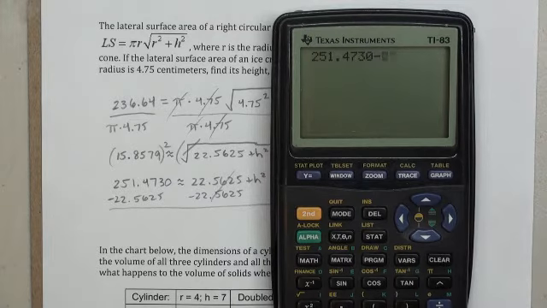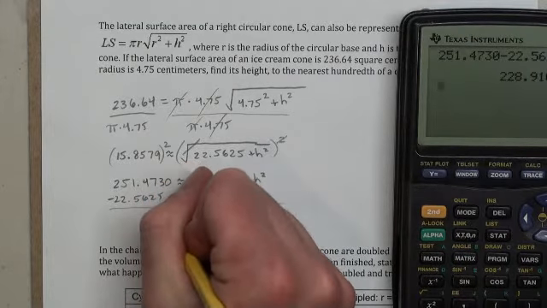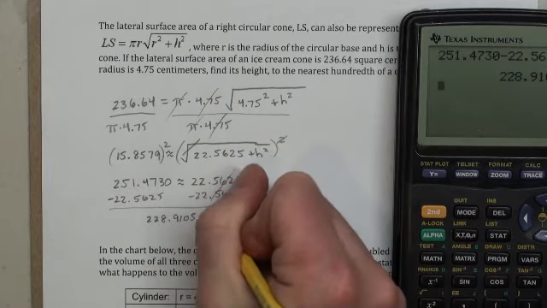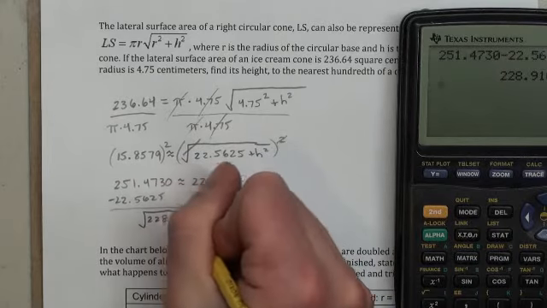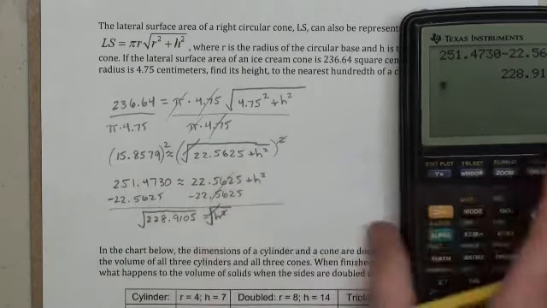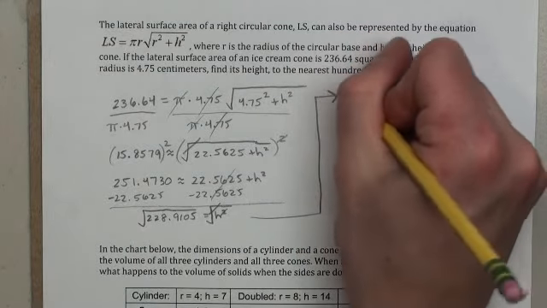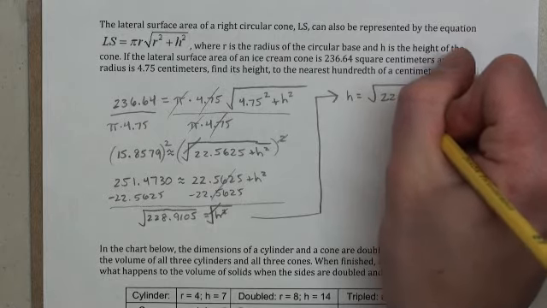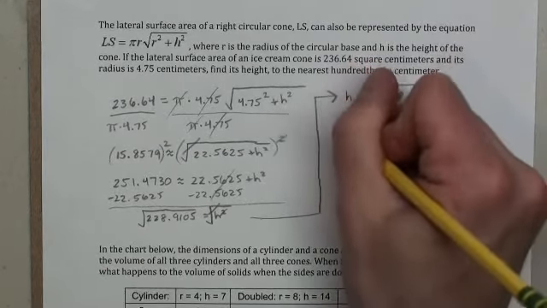251.4730 minus 22.5625. I got 228.9105 equals h squared. Do the square root of both sides. So now h is the square root of 228.9105.